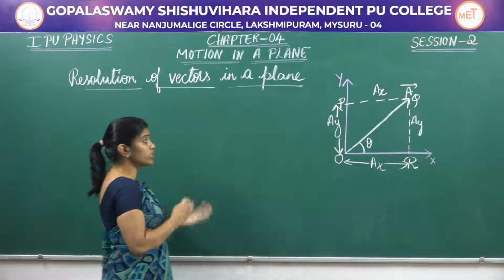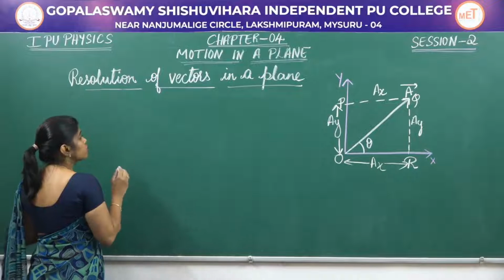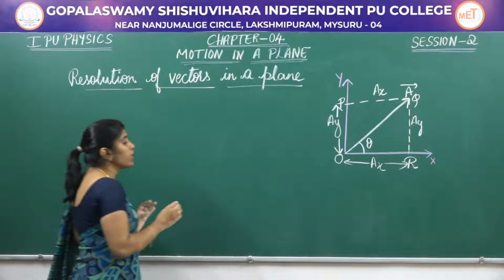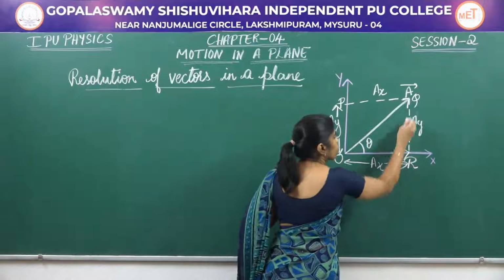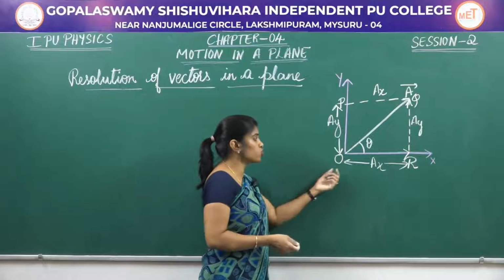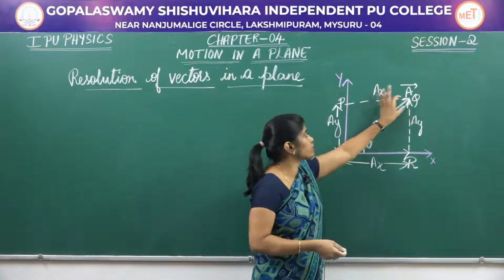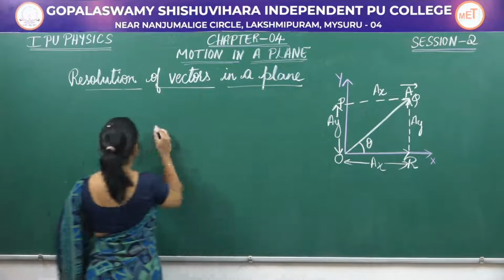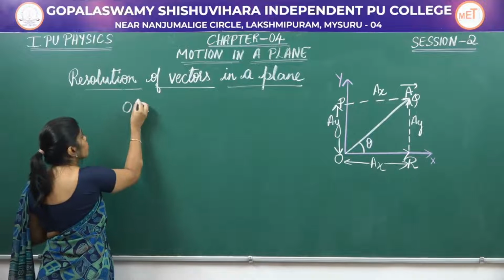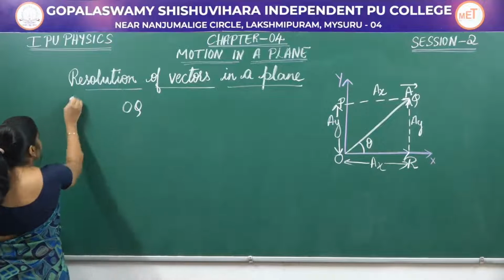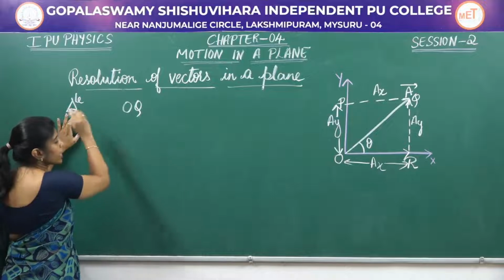Now let us find Ax and Ay. First of all, I'll mark an arrow here. You'll see that OR plus RQ gives me this vector OQ. Therefore, we can write this as OQ. So from the triangle, we'll mention the triangle here. Which triangle have I taken?